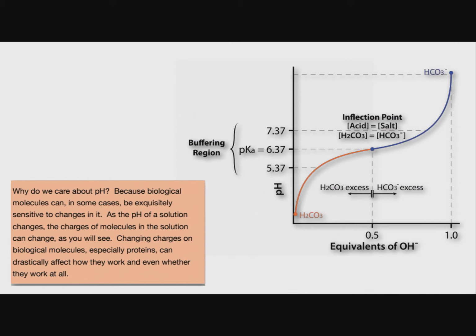Consequently, the concentration of H plus is going to go down in the solution, and the pH is going to go up. Because we're adding a base to an acid, it's going to neutralize the acid. We maybe remember that already.